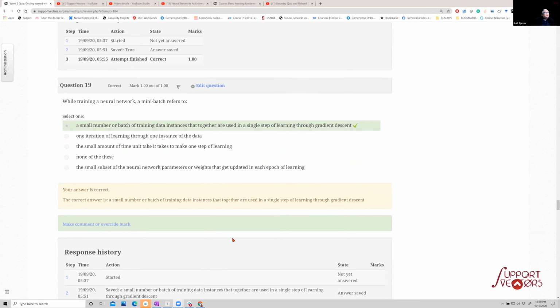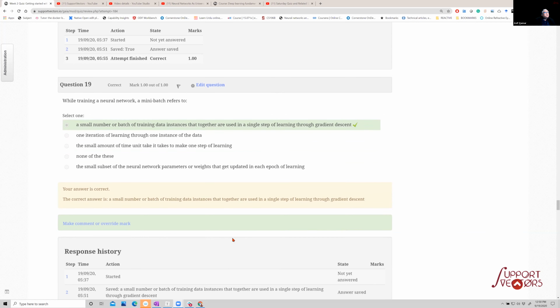While training a neural network, a mini batch refers to, by definition, a small bunch of training data. And the implicit assumption is it's between 1 and the size of the data. Usually it's very small: 4, 8, 16, 32, 64, stretching it, 128, and that's about it. But you don't make batches of, let's say, 1 million, even if you have 1 billion data points.